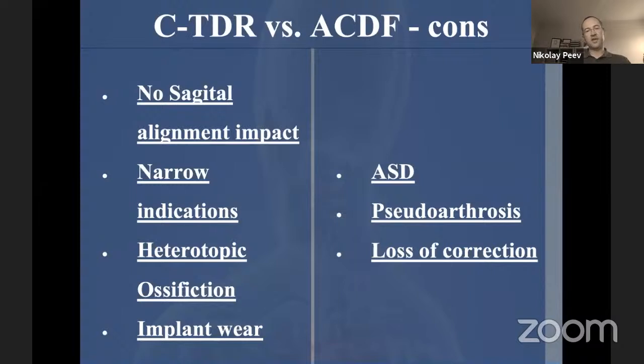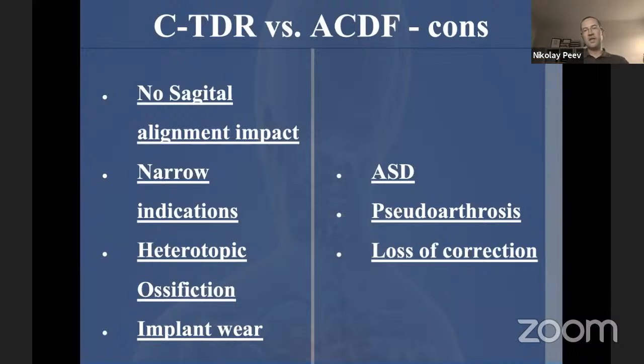Again, indications are young people with a mobile disc. You are risking heterotopic ossification, and in some cases you can have implant wear, but the modern devices are tested for a million cycles, and this is not happening very often.